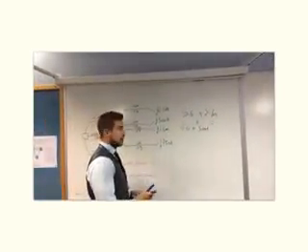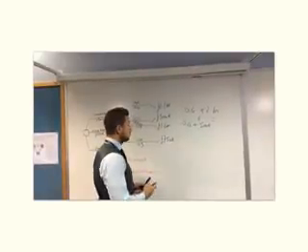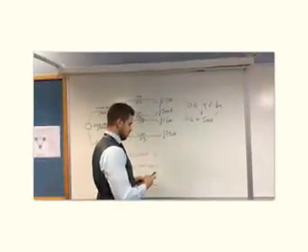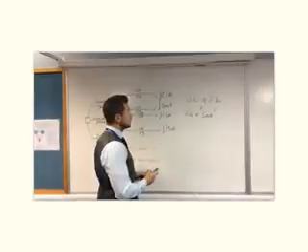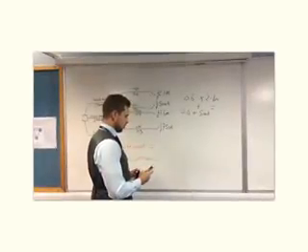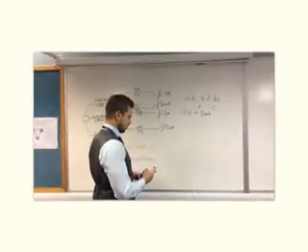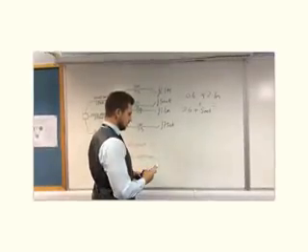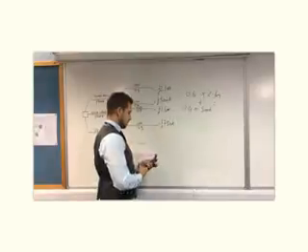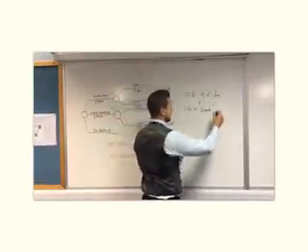So if we do the calculation, 0.6 times 2.1 million plus 0.4 times 500,000 gives us 1.46 million.